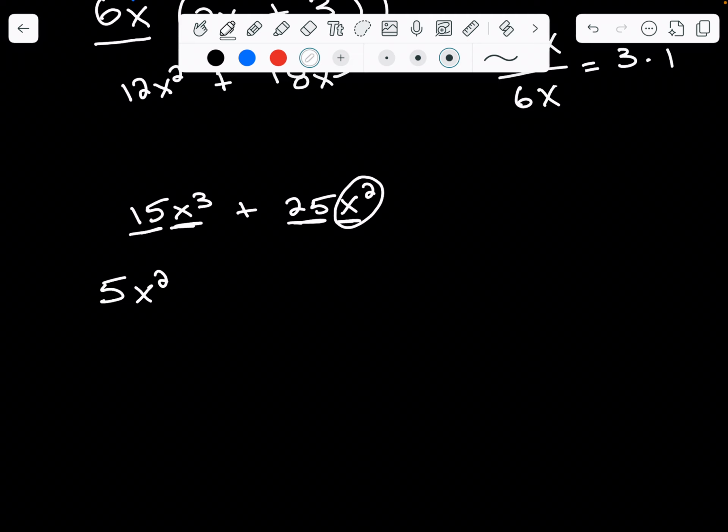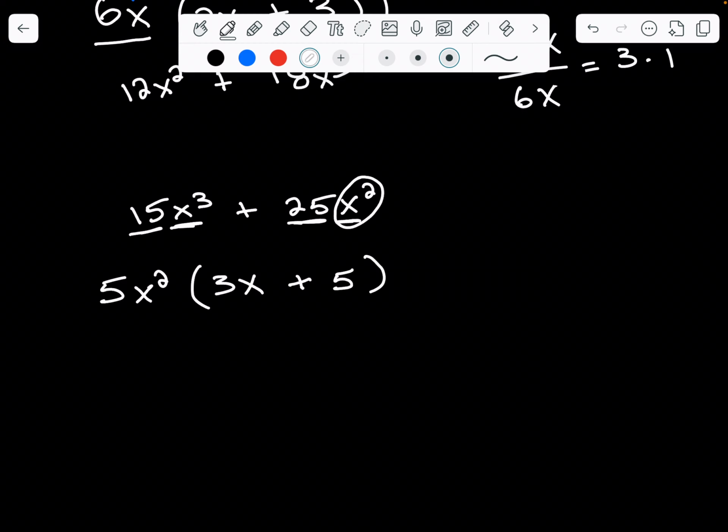So we're going to divide 15x cubed by 5x squared. That's going to be 3x, plus 5 goes into 25 5 times. And again, x squared divided by x squared is just 1. So we're going to leave that as 5.